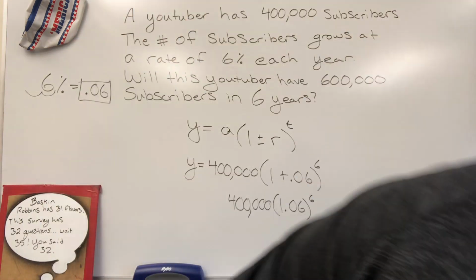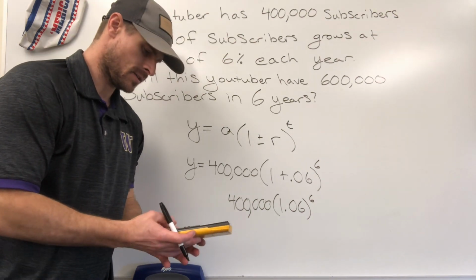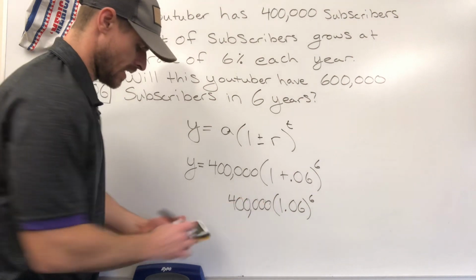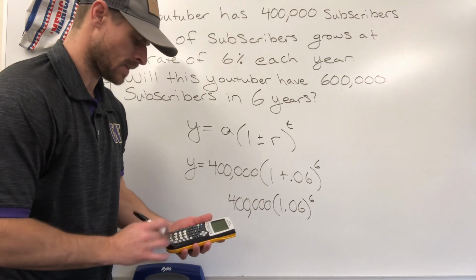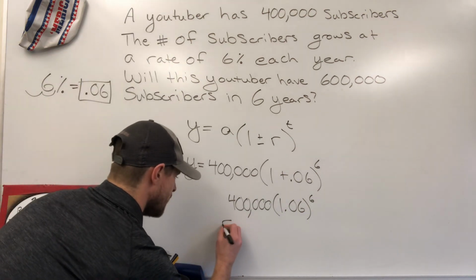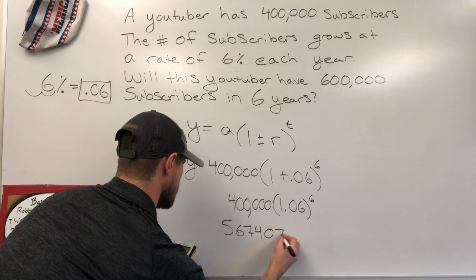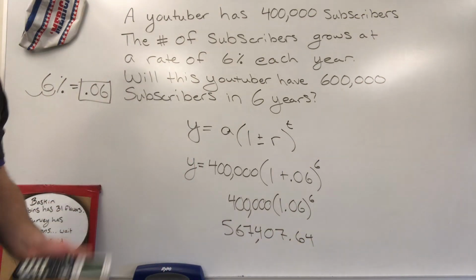Oh, I've got to grab one with some batteries in it probably, huh? 1.06 to the power of 6. Keep that number in your calculator and then just say times 400,000. Times 400,000. What I'm left with is 567,407.64. Okay, I'm looking at that number.